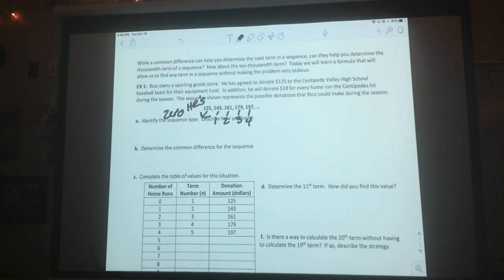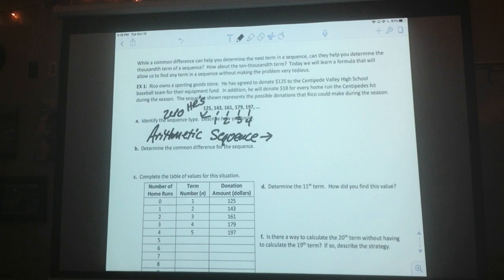It says identify the sequence type. Well, we're only dealing with one kind, so this is a pretty easy answer. This is an arithmetic sequence, and I know this mainly because it has a common difference. It is going up by $18 each time. It said it in the example, he will donate $18 for every home run hit.